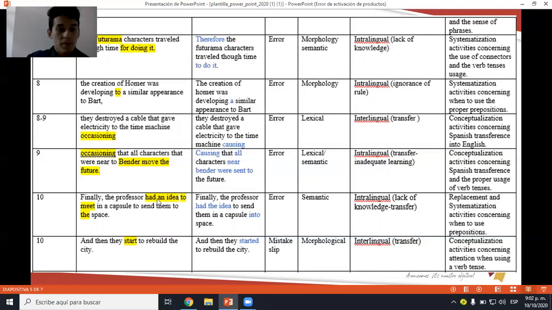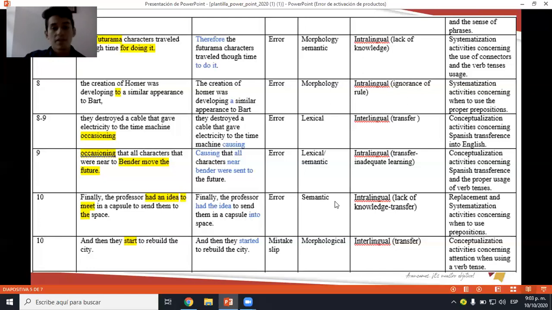And another one here: he had an idea to meet in a capsule to send them to space. In the correction part, I made a total rewrite of this phrase because it wasn't making any sense. So I did this: "Finally, the professor had the idea to send them in a capsule into space."